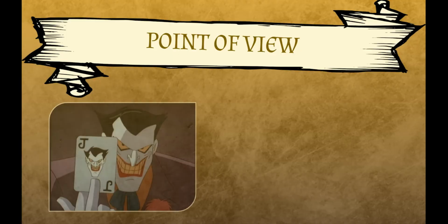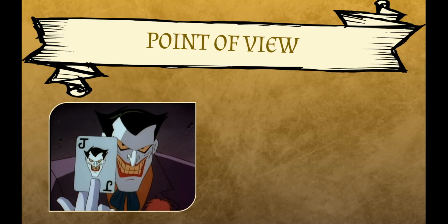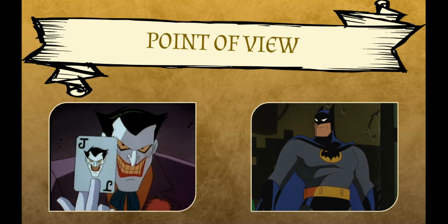Take something as simple as the Joker from Batman. If he's narrating a story versus Batman, we're going to get 2 different tellings of the story. The events may be the same, but the way that it's told would be different. If the Joker is telling the story, that personality of the lighthearted, crazy, goofy jokester is going to come out in the telling.